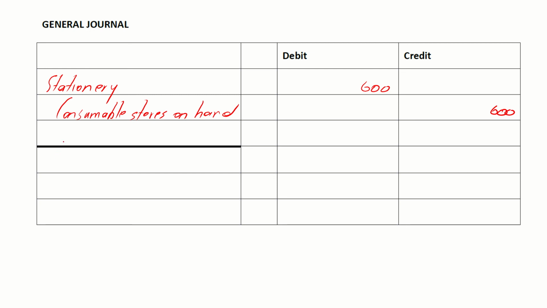Then we're going to look at trading stock. We've got the trading stock deficit that we calculated, which was 30,350, and then we needed to credit our trading stock by that amount.